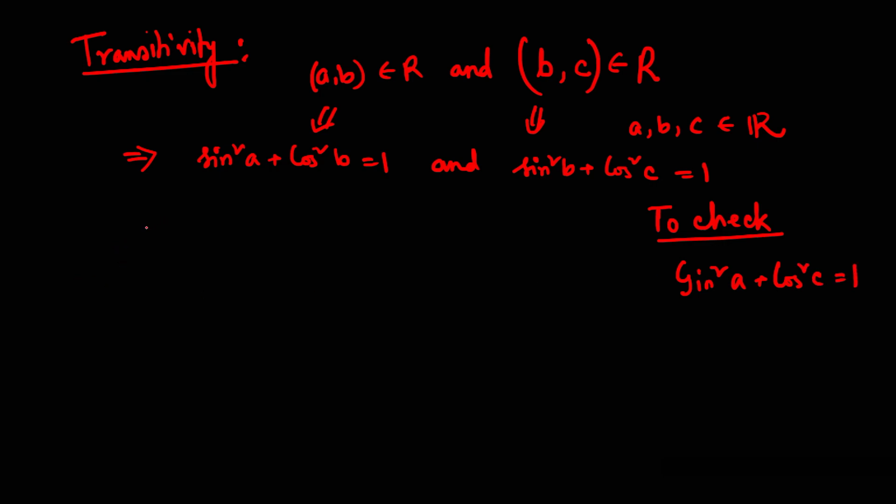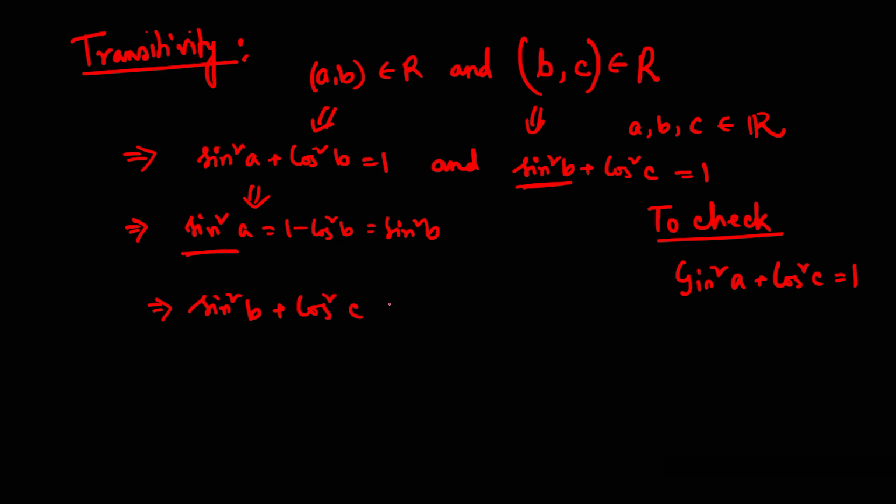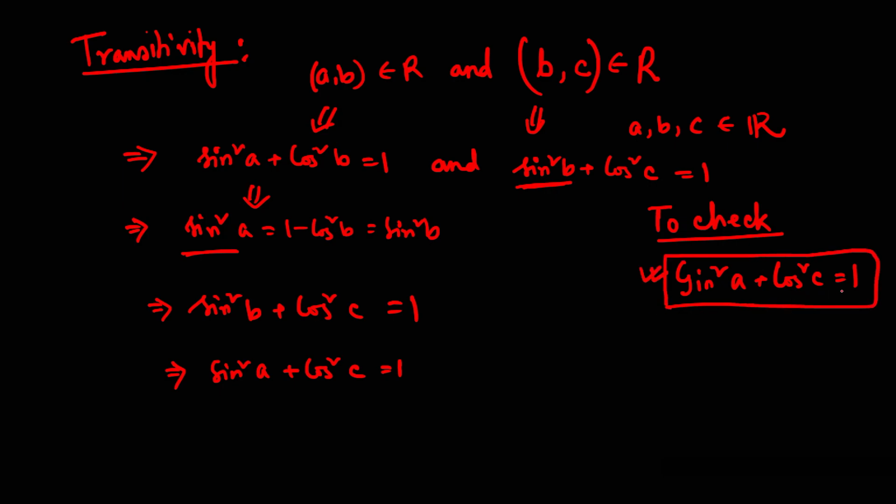From here we get sin square a equal to 1 minus cos square b, that means sin square b, and here it is sin square b, so we are putting sin square a here, so sin square a plus cos square c equal to 1. From this we are getting sin square a plus cos square c equal to 1. So this condition is satisfied.